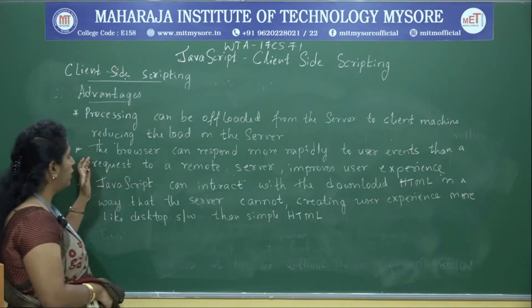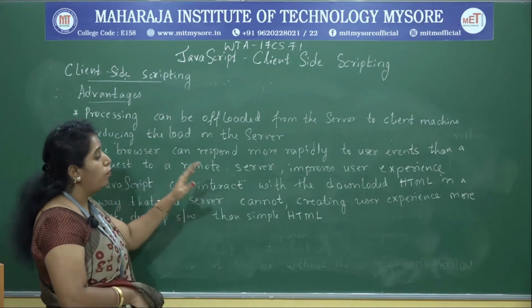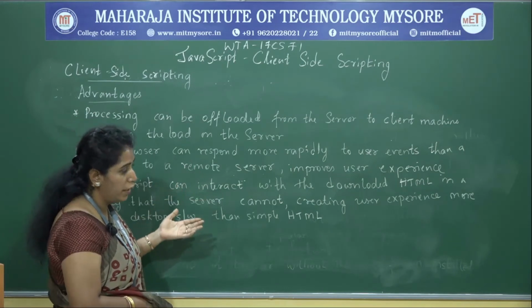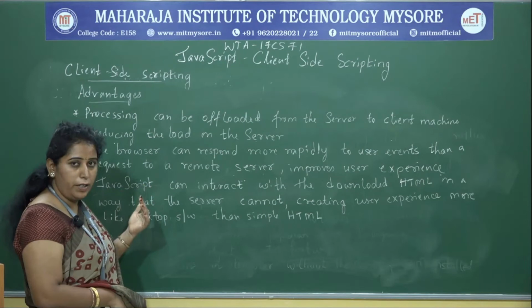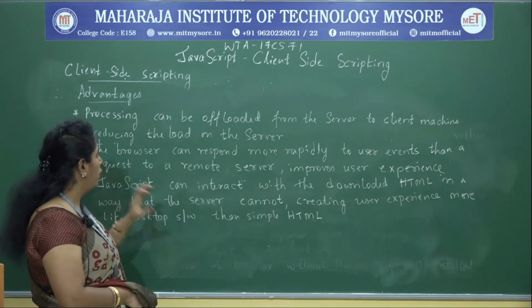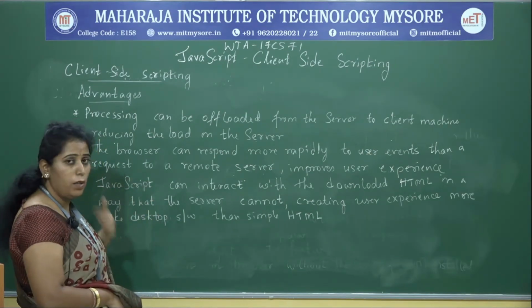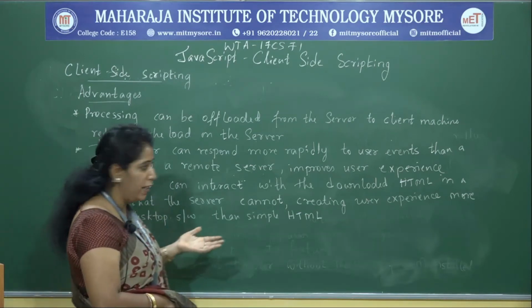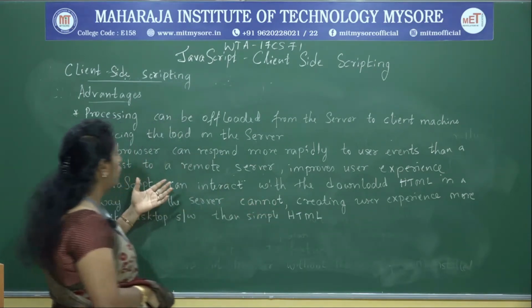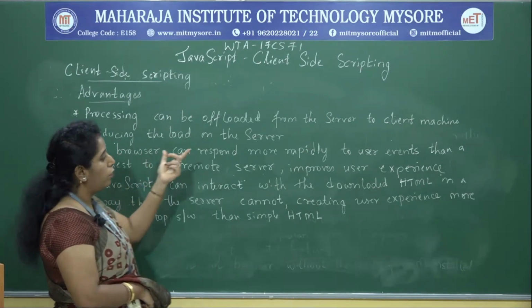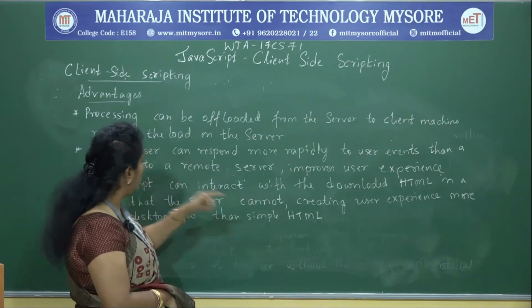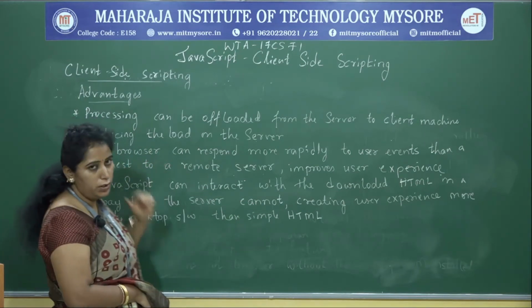The second one says that the browser can respond more rapidly to user events. In the sense, using the browser we are going to operate, is it right? So it can provide more rapid responses, which improves the user experience. It means the browser can respond more rapidly to user events than a request to a remote server.